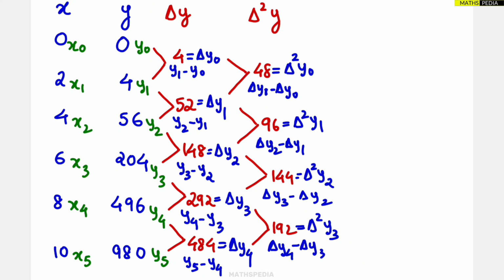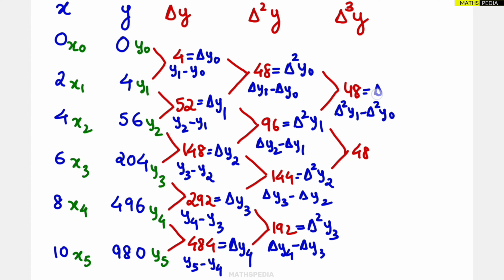Okay. Next difference column, that is the third forward difference, delta cube y. The difference between 48 and 96, that means 96 minus 48, is 48. How did we get this value? Delta square y1 minus delta square y0. Then the difference between these two values, 144 minus 96, is again 48, and this is represented by delta cube y0.